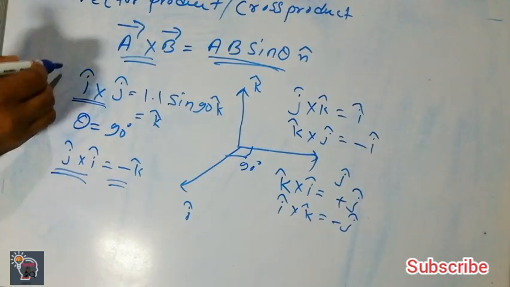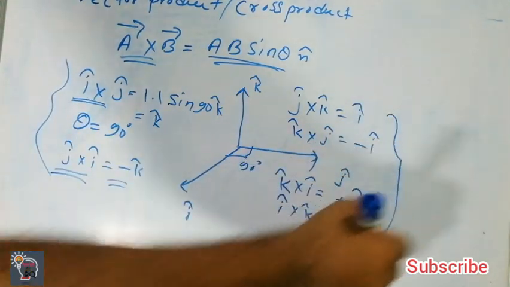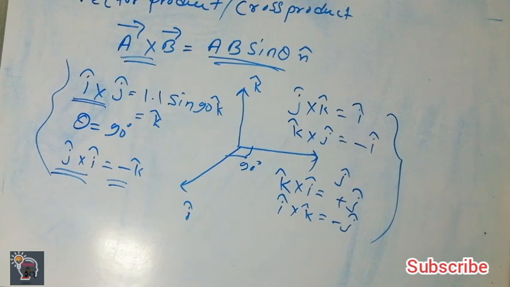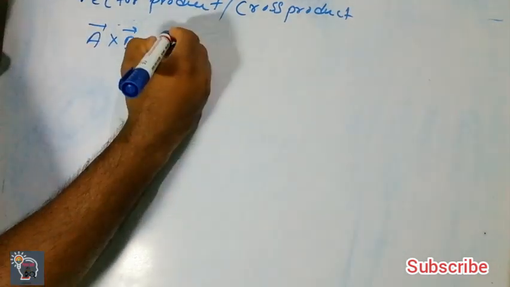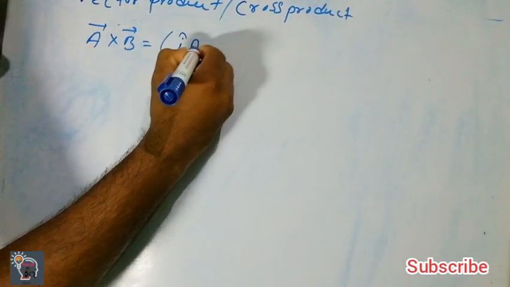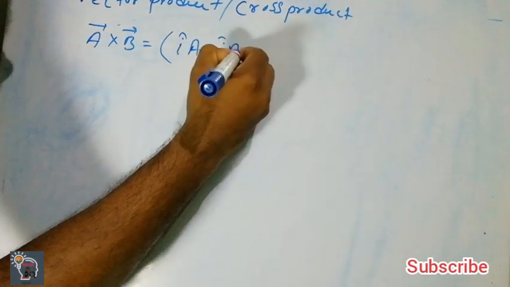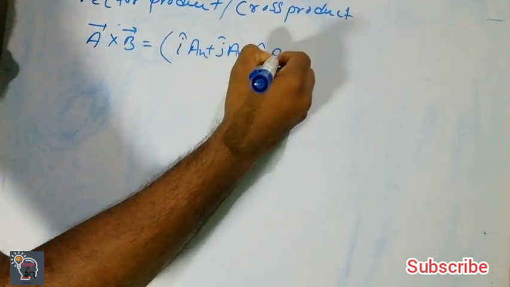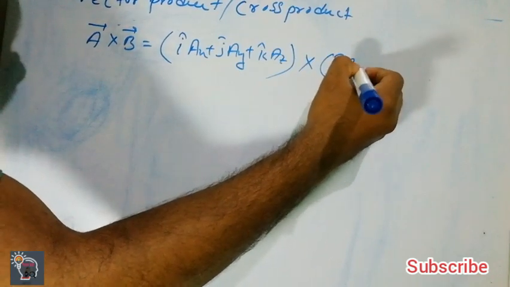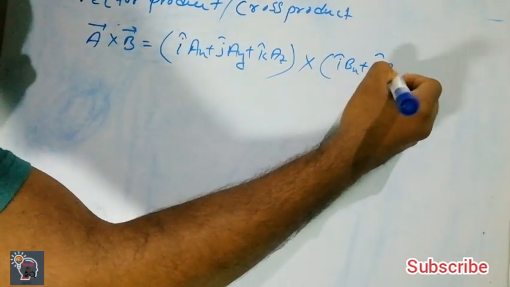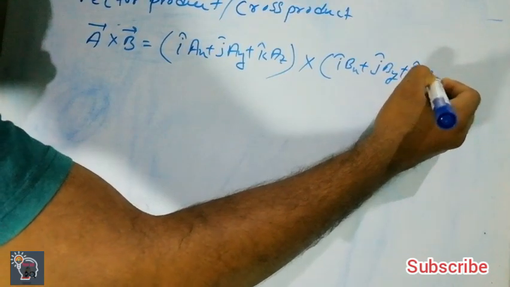you have to note the formula for the vector product. So let you have two vectors A and B. A vector is represented by i cap Ax plus j cap Ay plus k cap Az, and B vector is represented by i cap Bx plus j cap By plus k cap Bz.